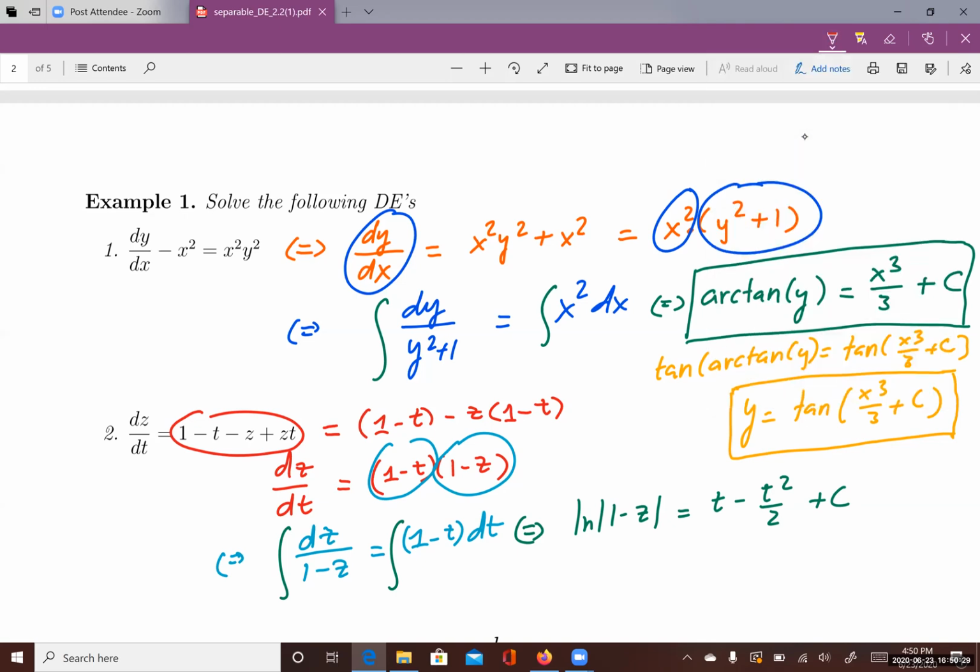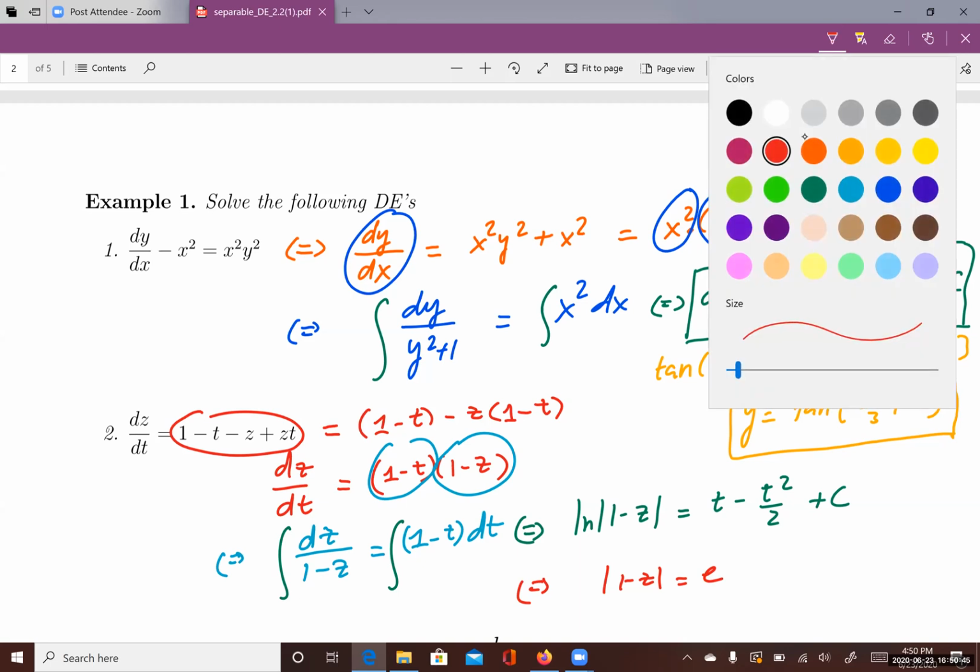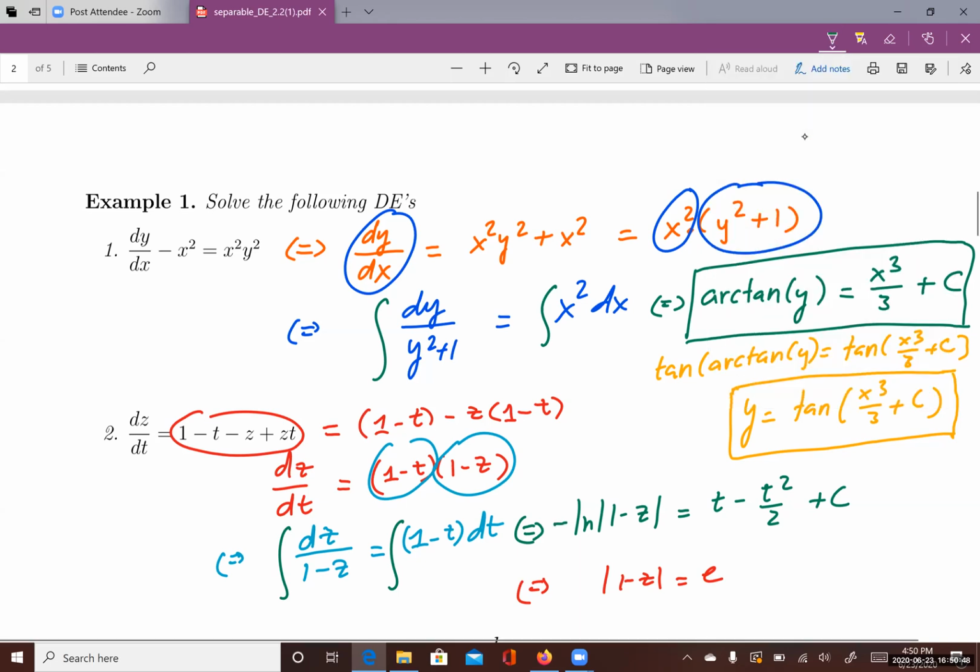Okay. Well, this is the same as the absolute value of 1 minus z equals e to the, I forgot this one here. It should be negative natural log of 1 minus z, because this is negative z, so you should have a negative here.